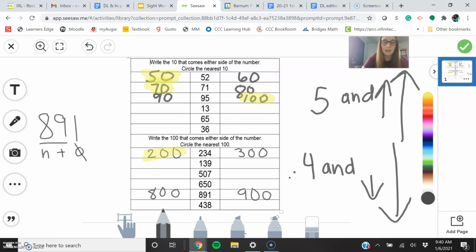And is 89 closer to 80 if I look at those first two places on the left side, hundreds and tens? Or is it closer to 90 in the 900? Now, if I look at 89, how many more does it take to get to 90? Oh, just one. Okay. And how many does it get to get back to 80? Oh, 9. So that helps me answer my question that 900 is closer to 891 than 800.